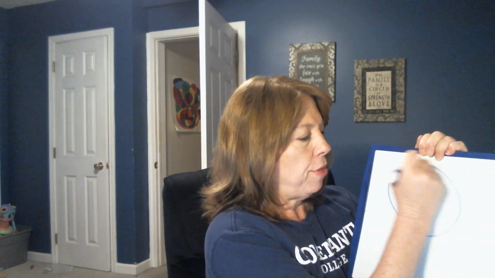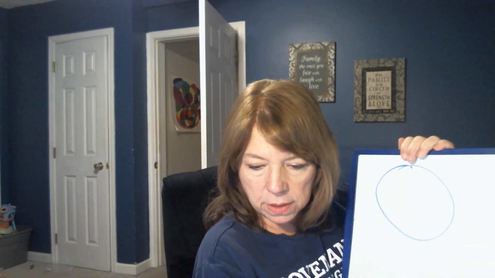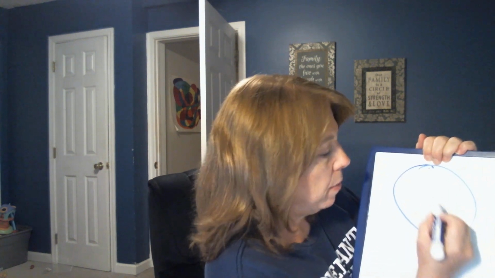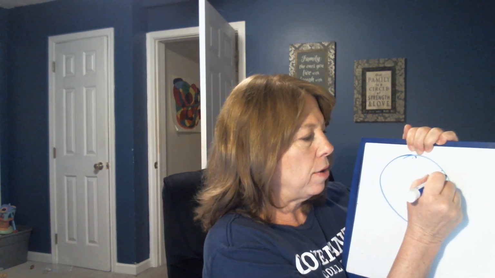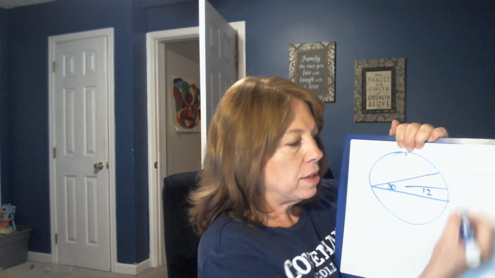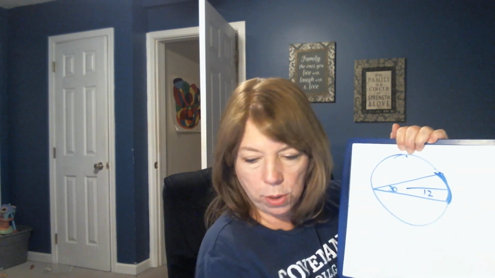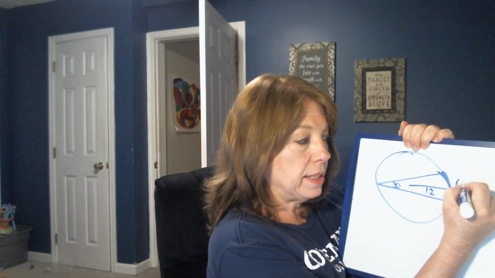Oh no, it says the radius. Sorry, the radius here, that is 12. Then it tells us this inscribed angle is 30. So what does that tell us about this portion right here? It tells you that this part is 60, right?